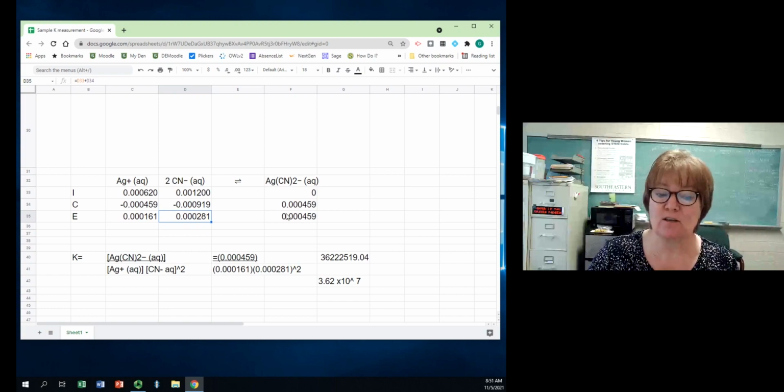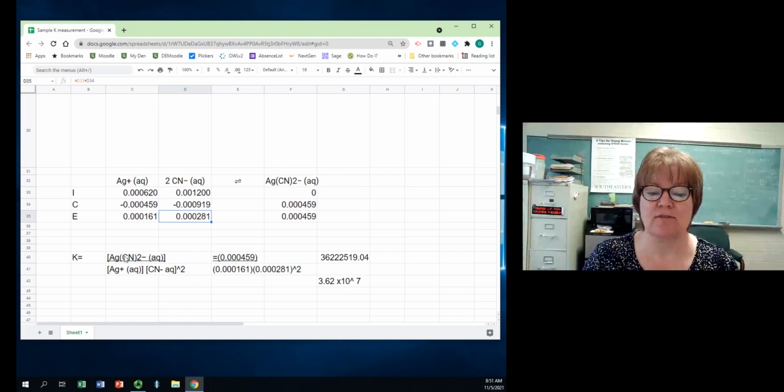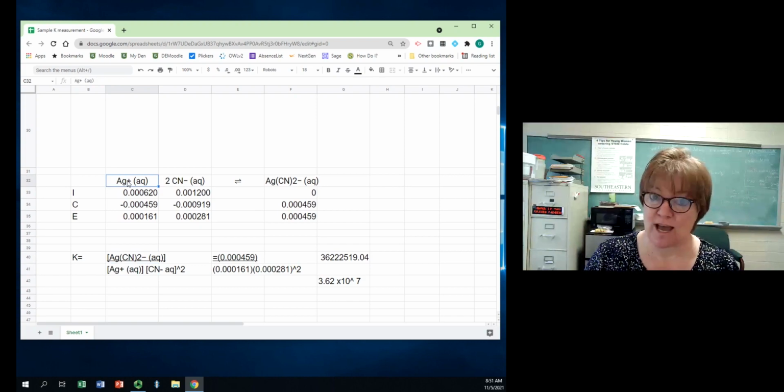In this particular case, because the stoichiometry is a slightly different reaction, the expression would be the concentration of the product. There is no coefficient, so it'd be raised to the 1 power, divided by the concentration of the first reactant. There is no coefficient, so it would be to the 1st power, times the concentration of the second reactant.